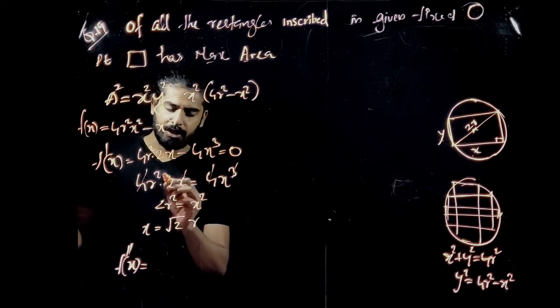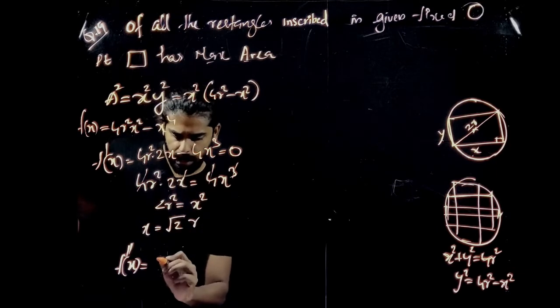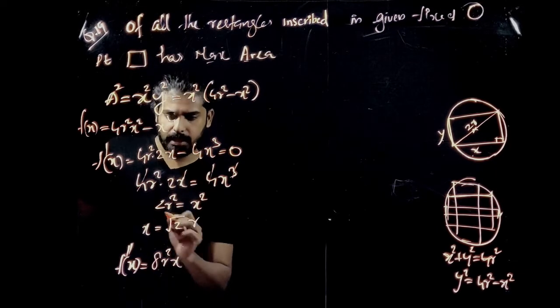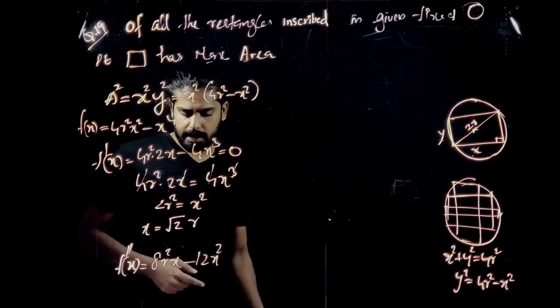So f double dash x is equal to 4 into 2, 8r square x, 8r square x minus 12x square. So we got the second derivative.